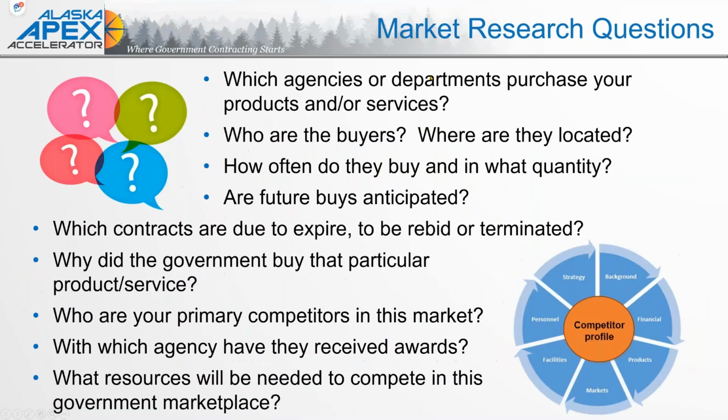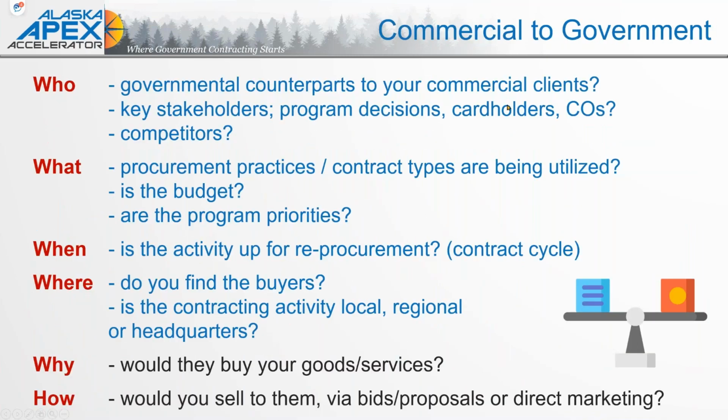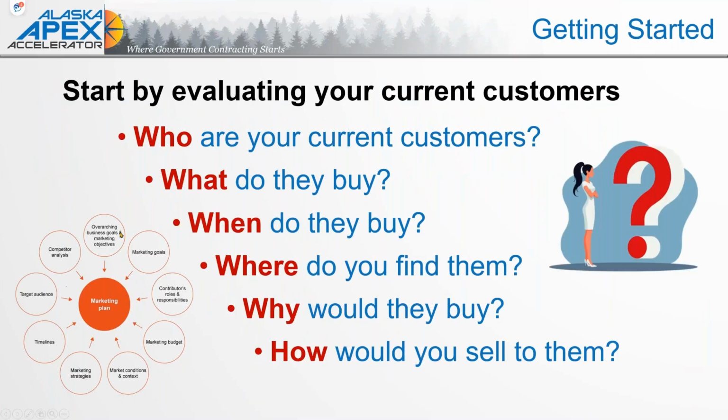well, who are those, sorry guys, who are those government counterparts? Before we do that, I just want to talk a second about having a marketing plan, because one of the things that we often think about, or we don't think about often enough, let me rephrase that, is how are your customers finding out about your business?